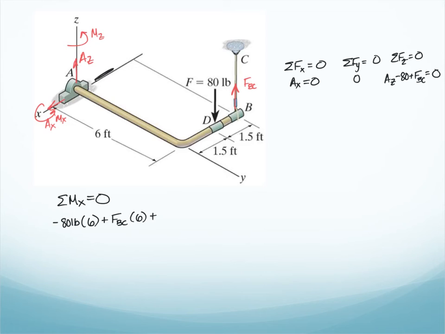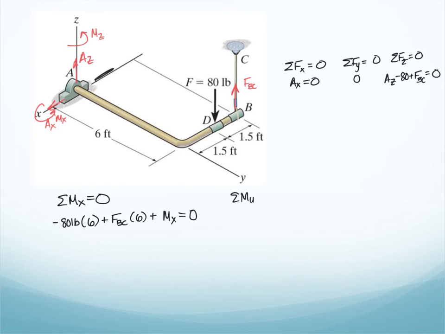The way I drew that was as a counterclockwise rotation, so I'm going to make that positive. That becomes one of my equations for the moments about the x-axis. Notice I did all of this pretty easily. Again, I'm somewhat lucky in the setup of this problem that it is possible.